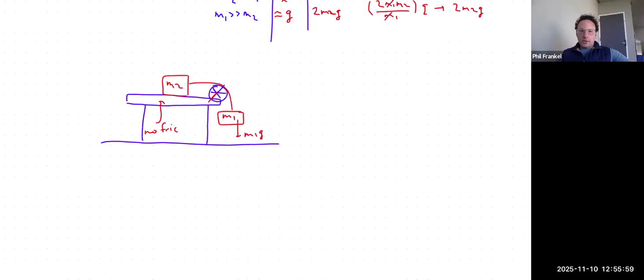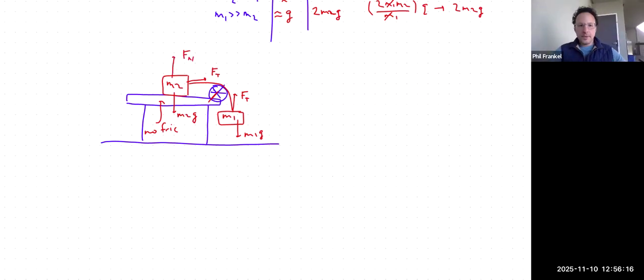There's a tension force Ft pulling mass 1 up. There's a tension force Ft pulling mass 2 to the right. Of course, there's a gravitational force pulling mass 2 down and a normal force pulling mass 2 up. And there's no friction. So that's it. 3 forces on mass 2, 2 forces on mass 1.